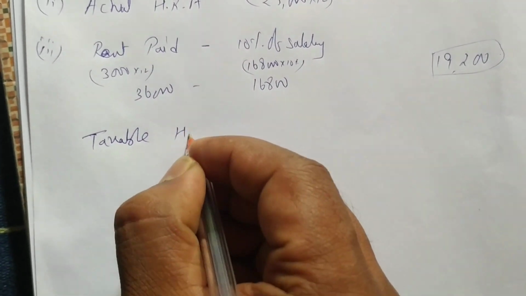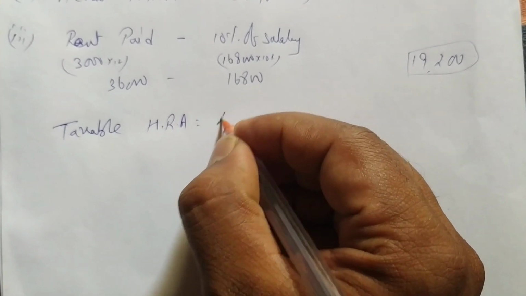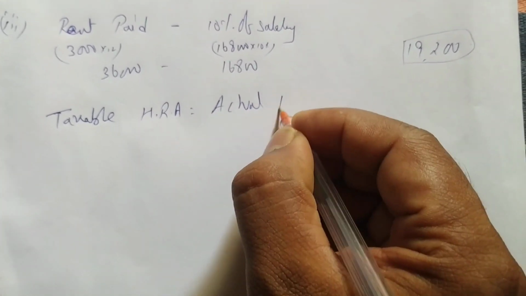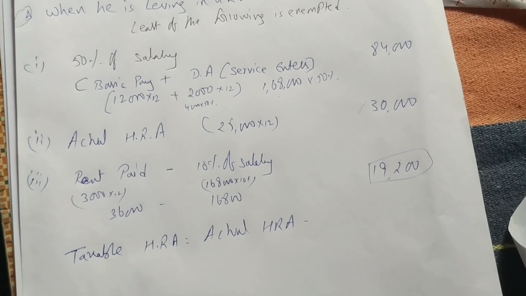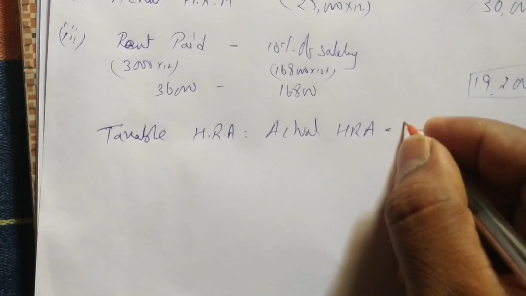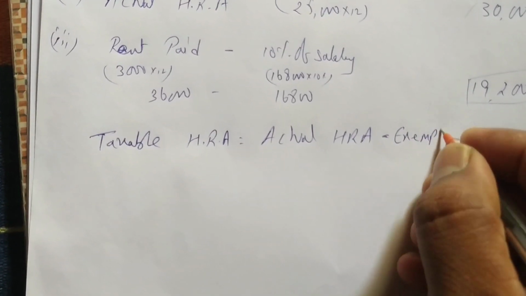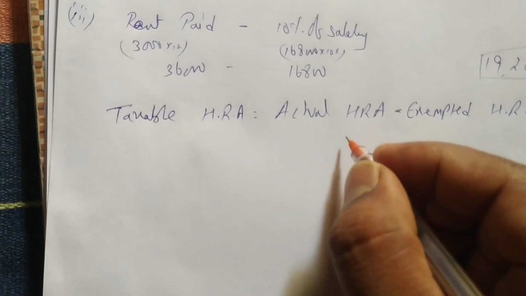So you write here taxable HRA. You have to write actual HRA, how much you have received, minus exempted HRA. This 30,000 is given in the question.